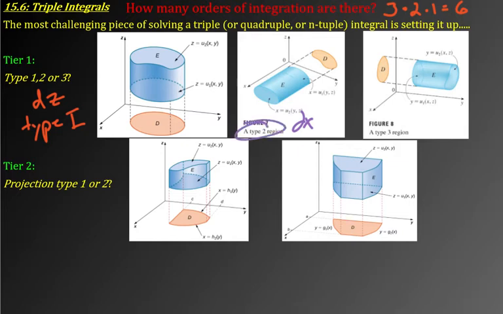And then lastly, if it's one that you can project onto the XZ plane, and so it's kind of infinite along the y direction, that is a type 3, and that's one where you would start off with a dy integral. So you can think about it in terms of projections too.